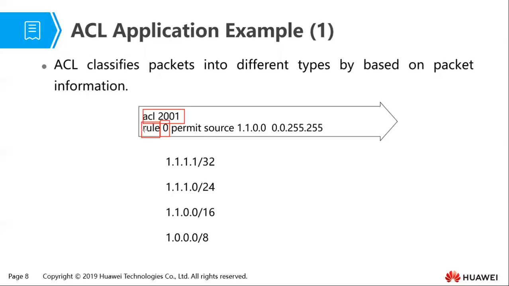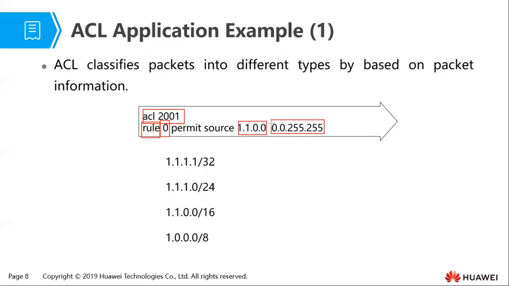So for example, here we're saying rule 0, then permit source, then we put the network address that we want to permit, and we add a reverse mask. This reverse mask determines what should remain the same and what should match exactly.